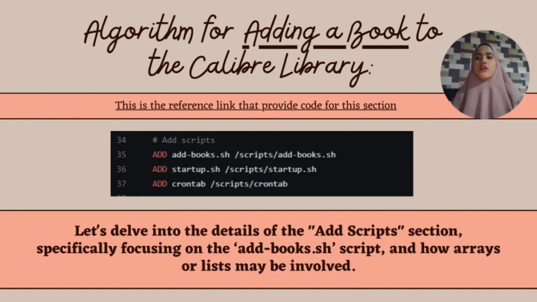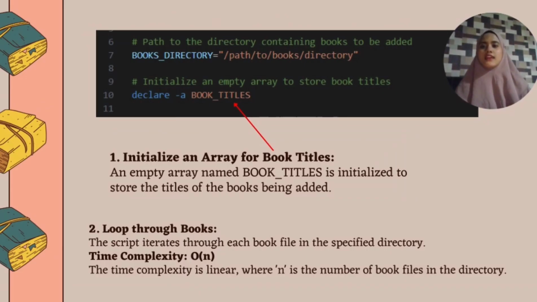In this task, we delve into the detail of the add script section, focusing on the add book script and how array and list may be involved. First, initialize an array for book title. An empty array named book title is initialized to store the title of the book being added. Second, loop through books.